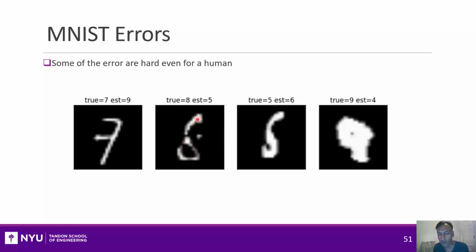I think I would have guessed that it's a 6, but it's actually an 8. And this one's also very unclear. And this one, I guess I would have guessed it's a 9, but it's a very badly written 9, so it's hard for the classifier to do a good job on this one. So it still makes errors, but unlike the linear classifier, it's making errors on only the more complicated digits.